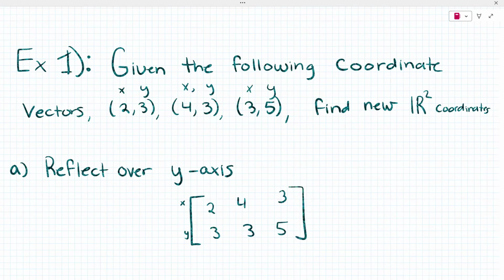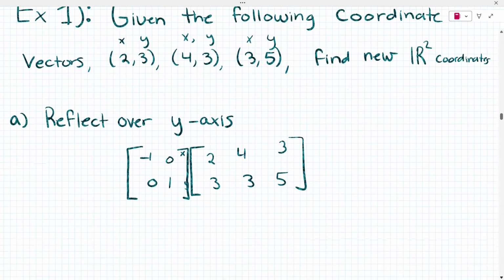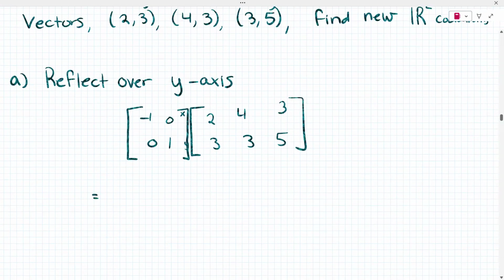Then we multiply by the rule we just went over: the reflection over the y-axis is the matrix -1, 0, 0, 1. When you multiply out those two matrices, you get this new matrix: -2, 3, -4, 3, -3, 5.